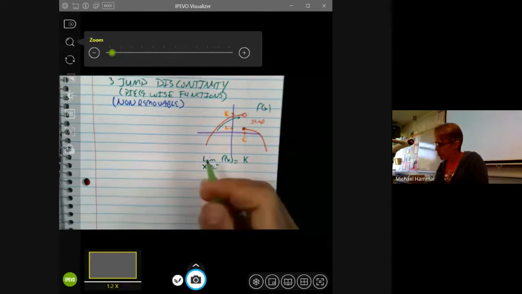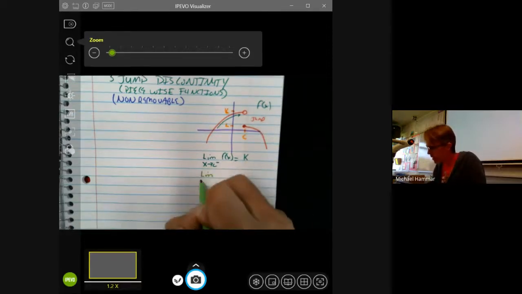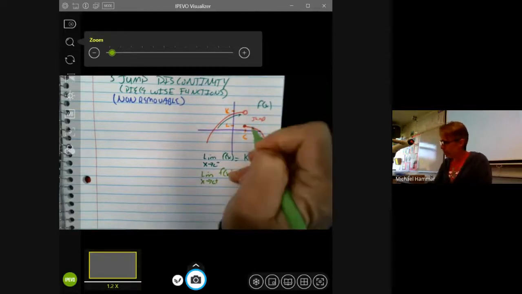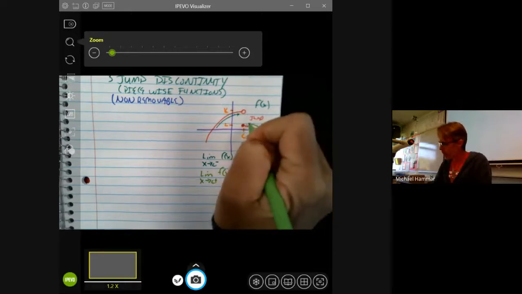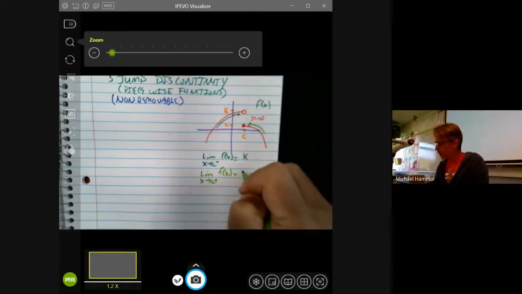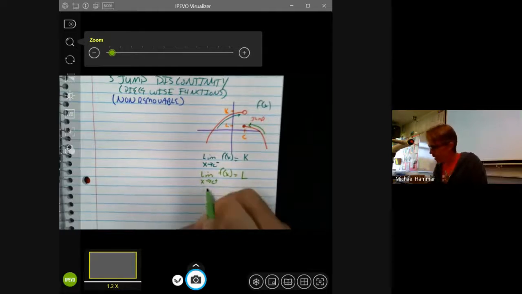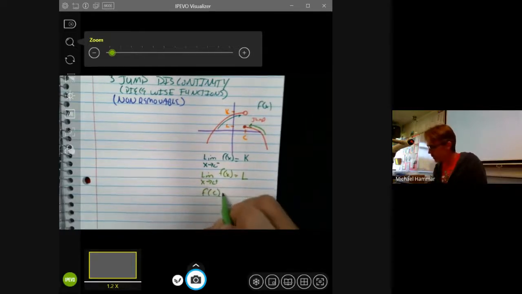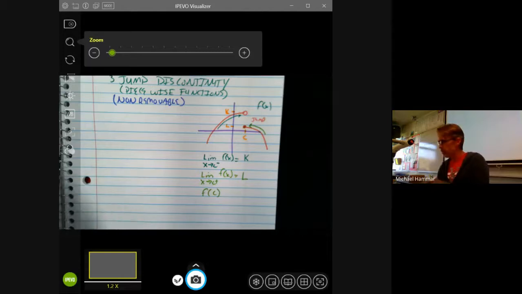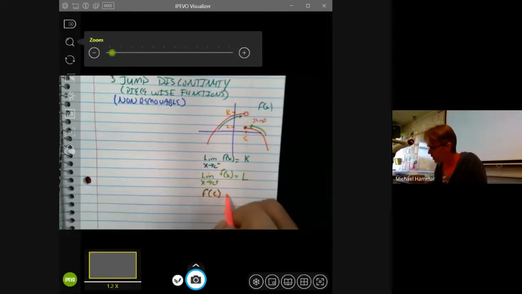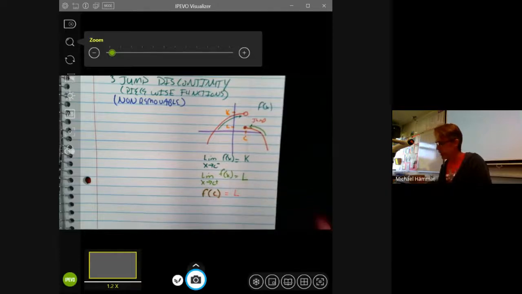Now, we also need to find the limit as x approaches c from the right of f of x. And notice in our graph, as we approach from the right, the value is L. Okay? And then we have to find the value at c. So let's find the value of f of c. And we notice in this case it is L.